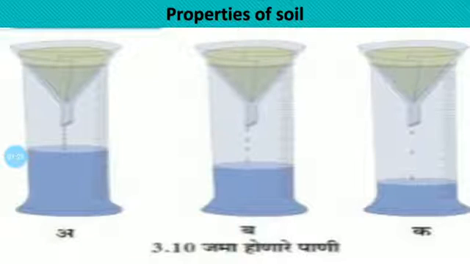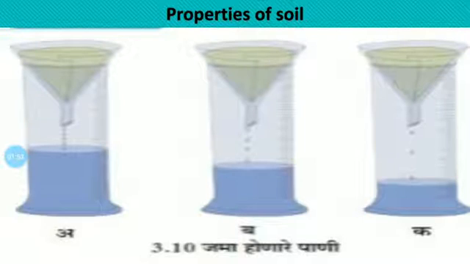Properties of soil. Color is an important property of soil. The soil gets its color as a result of several processes. The color of soil near the land surface is darker than the color of the lower layer.